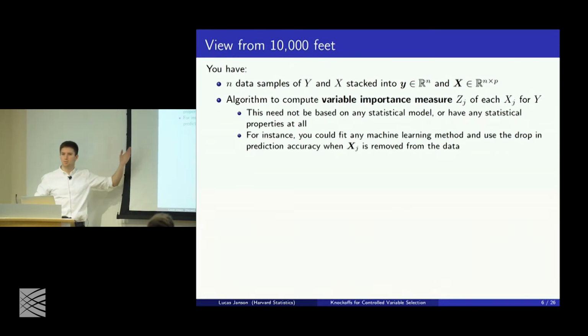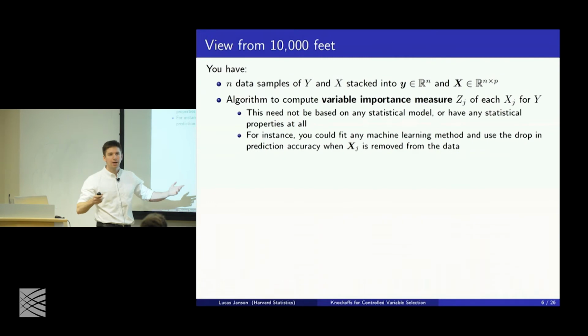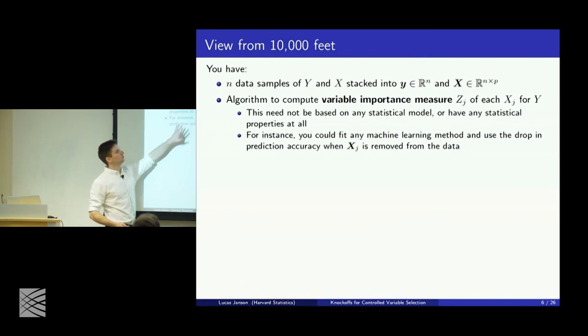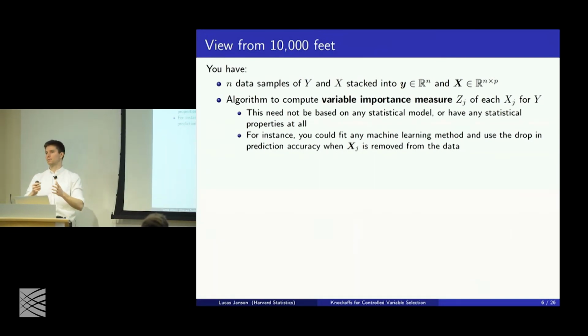There's lots of things. You could fit a linear model and take the coefficient estimate, usually the absolute value. You could fit a Bayesian method and take the posterior probability that your variable is important. Any of these things are good. If you think it's a good measure of variable importance, I'm happy for you, and I'm going to let you use that. Okay? So that's what you have.